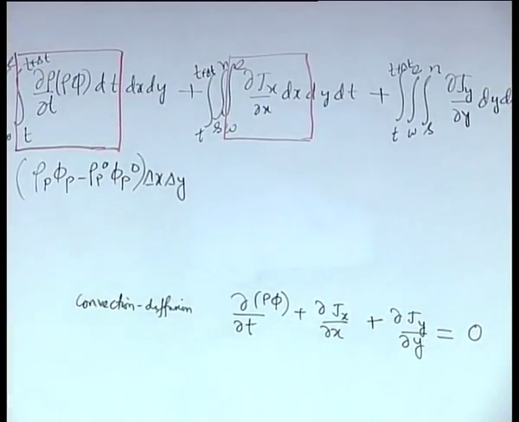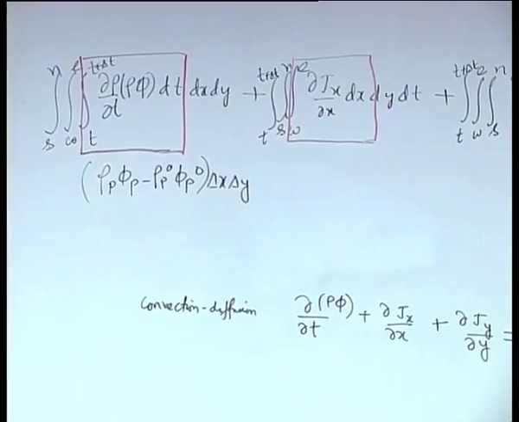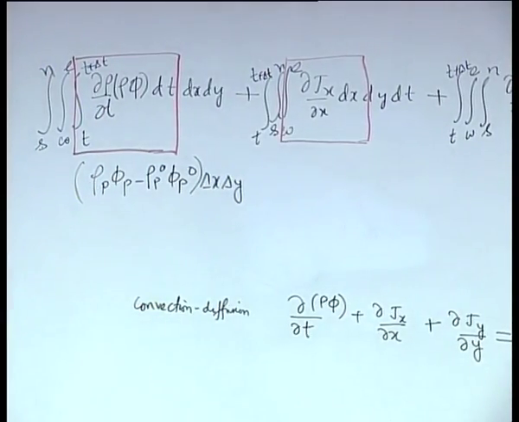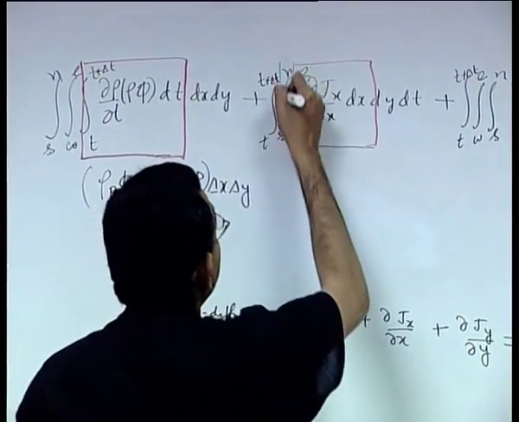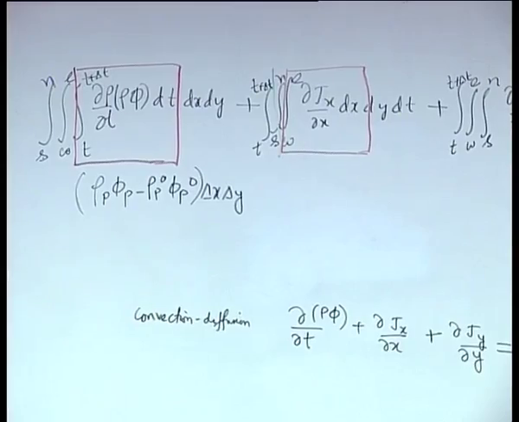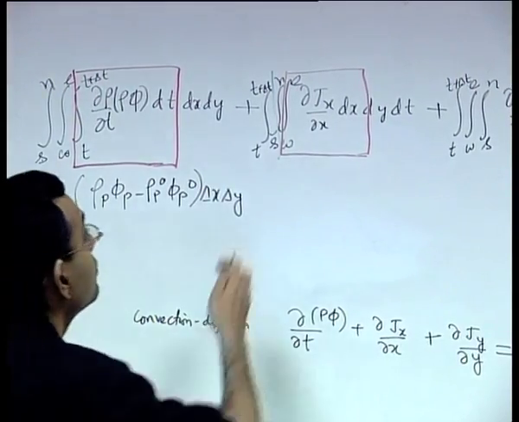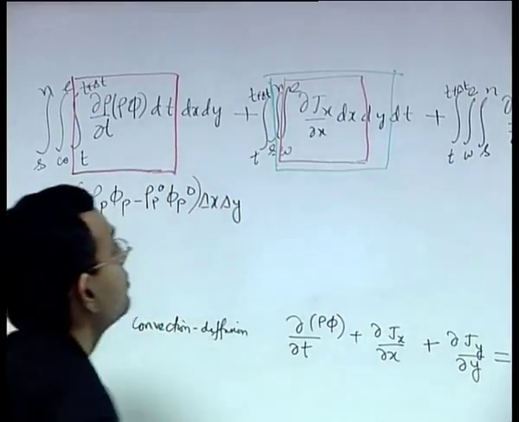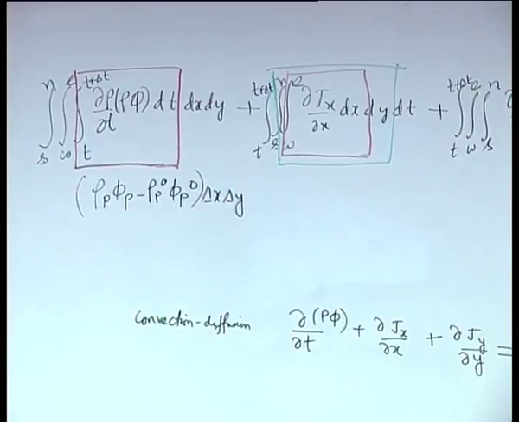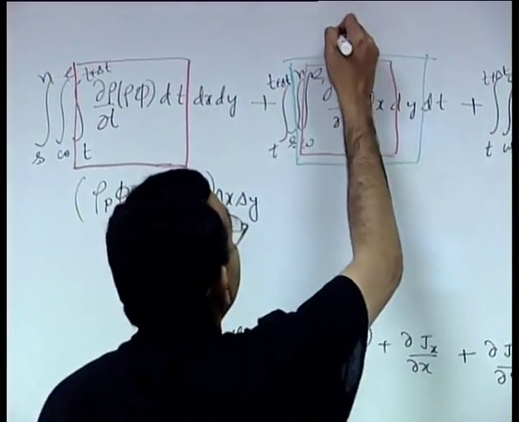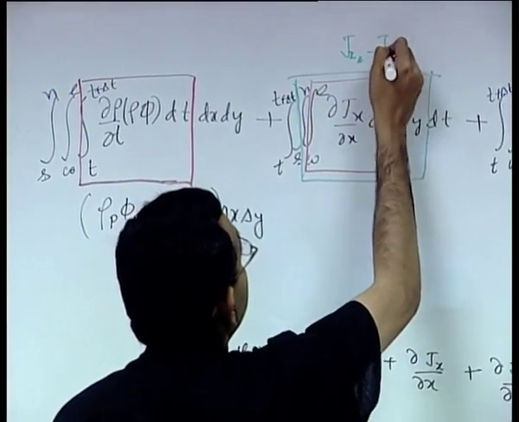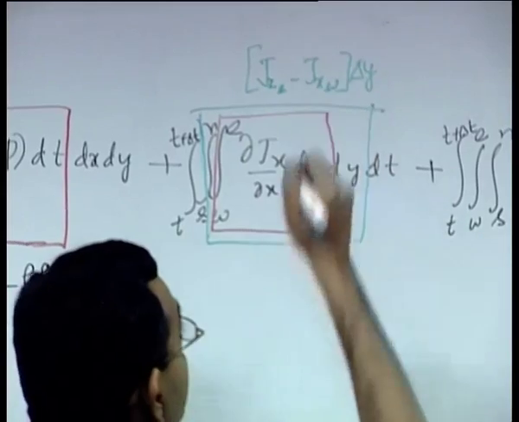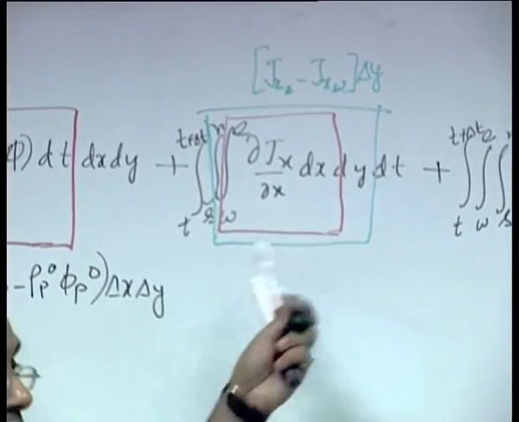So, that will become Jx at E minus Jx at W. Then next we consider that integrated over y, so we have Jxe minus Jxw into delta y for this particular part of the term.